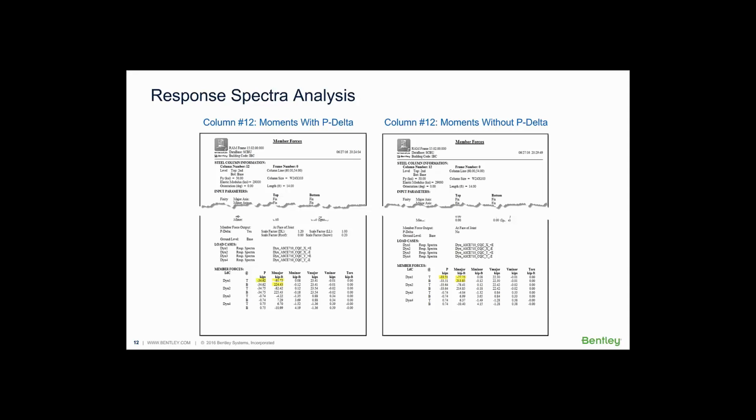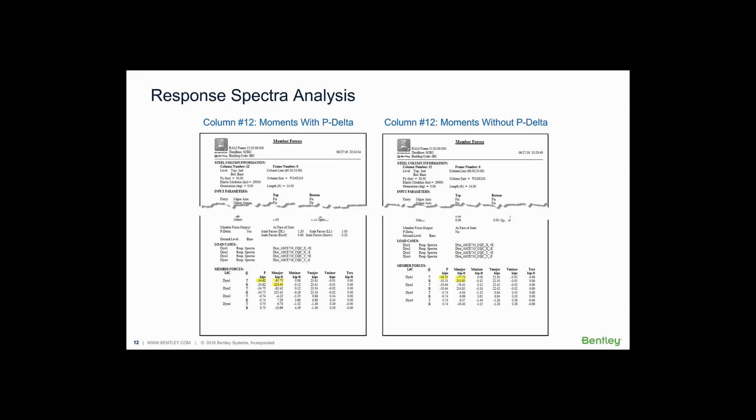The ratios of these differences are not the same as the ratio of the differences in the base shear. These ratios are all different because of the impact that P delta has on the moments in a member. And so that's something that's important to remember.